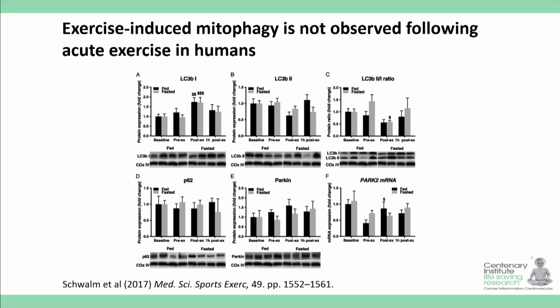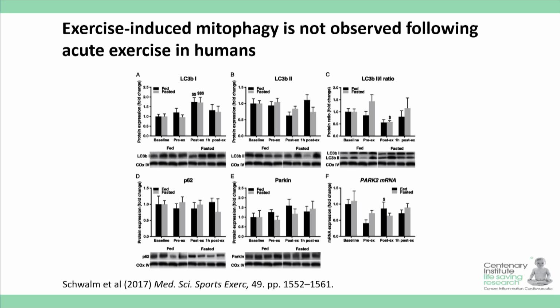Now, it's always nice to see how these translate, and this is some work from Mark Francis's lab a few years ago now. Again, using the same idea of that fractionation, but this time in human skeletal muscle after exercise. This was the PhD of Cesare Granata, and the interesting thing here is a really nice study design. It was fed versus fasted exercise. So you have a baseline, pre and post-exercise, and then 1 hour in recovery.